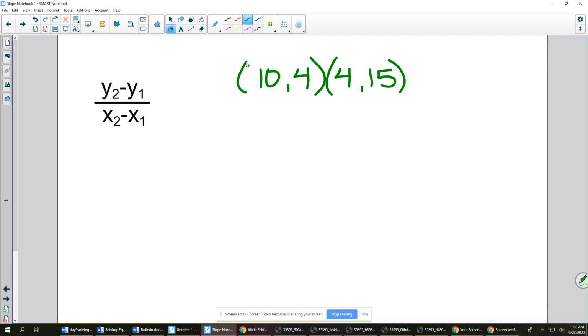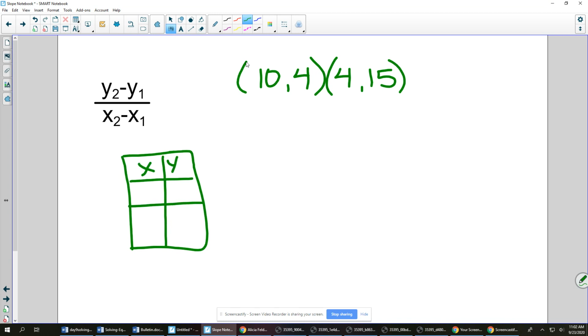You can put those points on a graph, and count and find your slope that way. You could also put those points into a data table, x, y, find the differences in my x's and y's, and do my slope that way. Or you can use this formula.